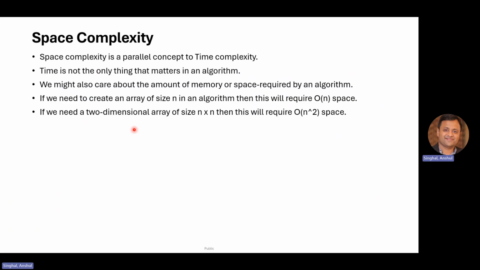Likewise, if in our Java function we have a two-dimensional array defined of size n by n, and we are filling it up, then the space complexity will be order of n squared, right? So that is what space complexity is all about.